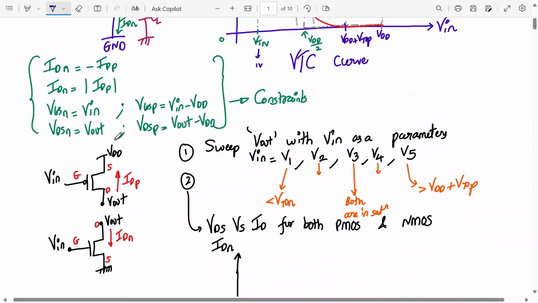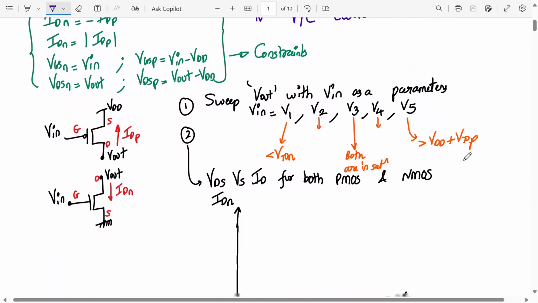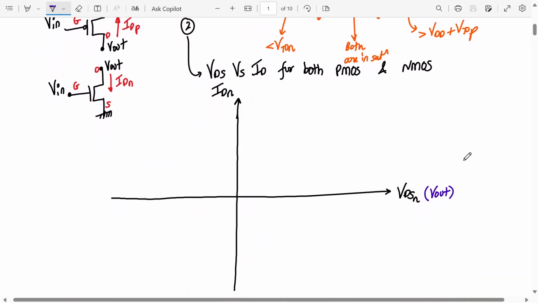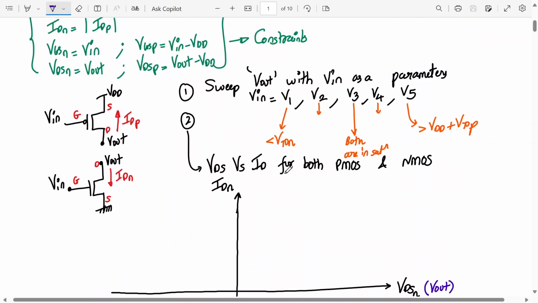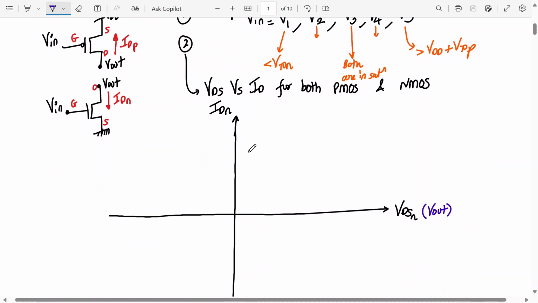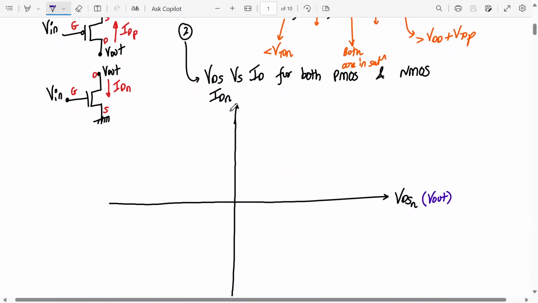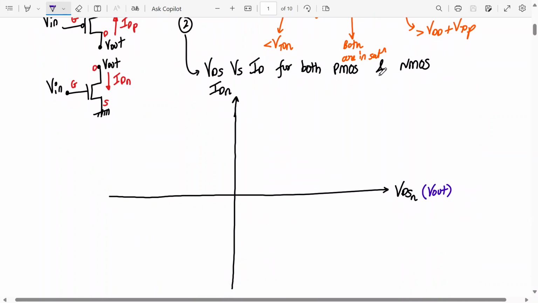See, we have written the constraint now. I hope I am audible. Just need confirmation from someone. Okay, so VDSN is basically V out for the NMOS transistor and we have IDN.